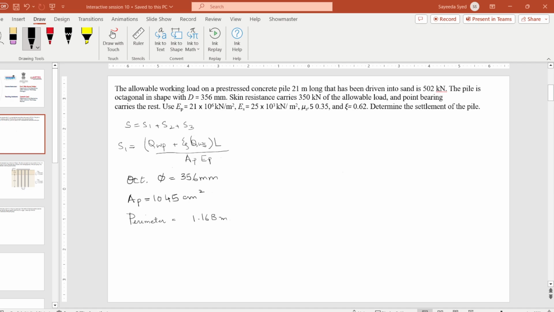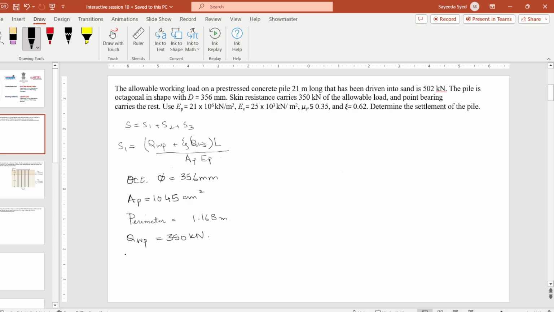Our QWP is 350 kilonewton. So our SE1 will be equivalent to, sorry, we have been given QWS actually, the skin resistance.